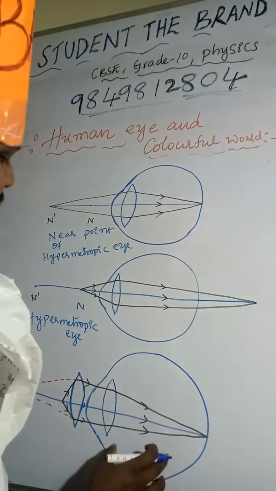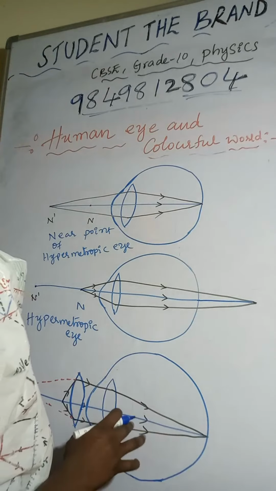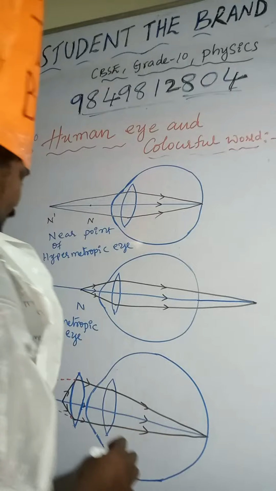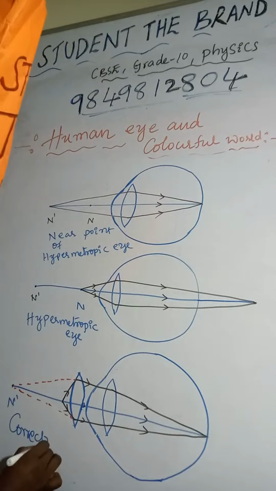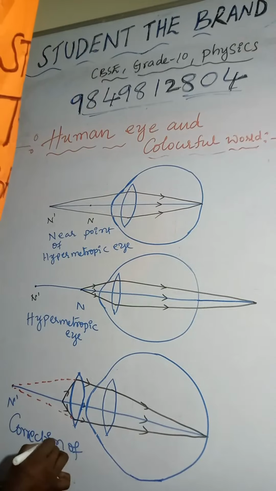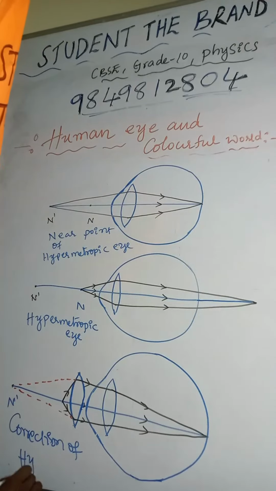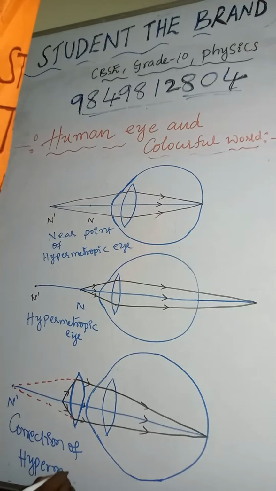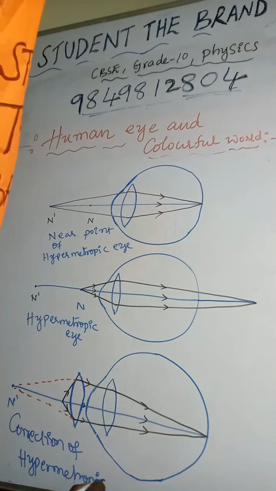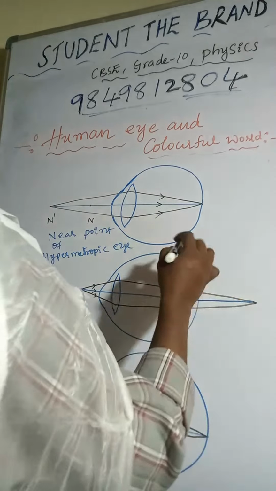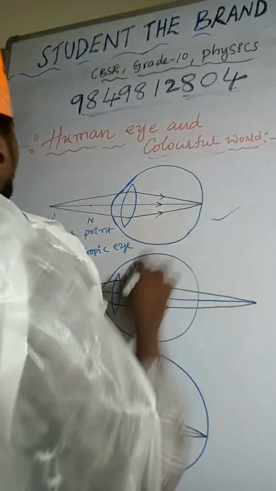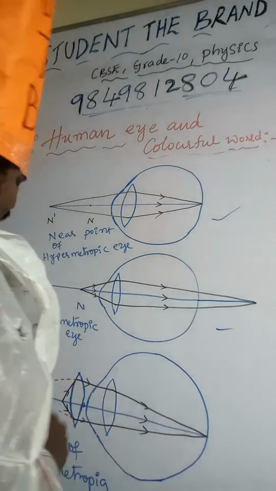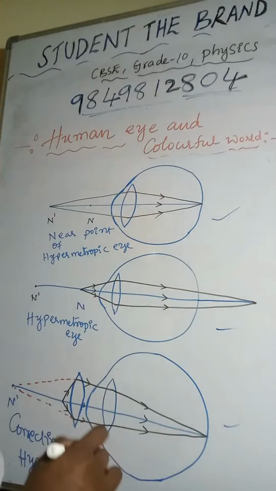And this one is the correction of hypermetropia. Okay, so we are using a convex lens here. So observe carefully: near point of hypermetropic eye, correction of hypermetropia.